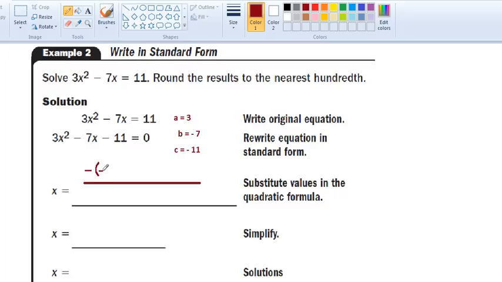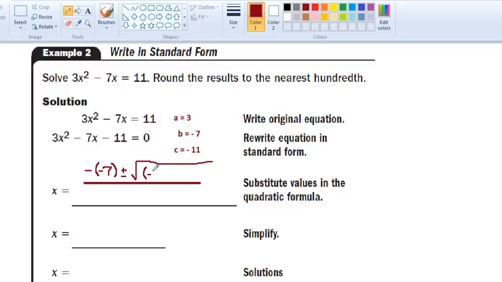Now, the opposite of B is the opposite of negative 7. A lot of people like to just write 7 because that's the opposite of negative 7. Plus or minus big square root sign, and it goes like this.